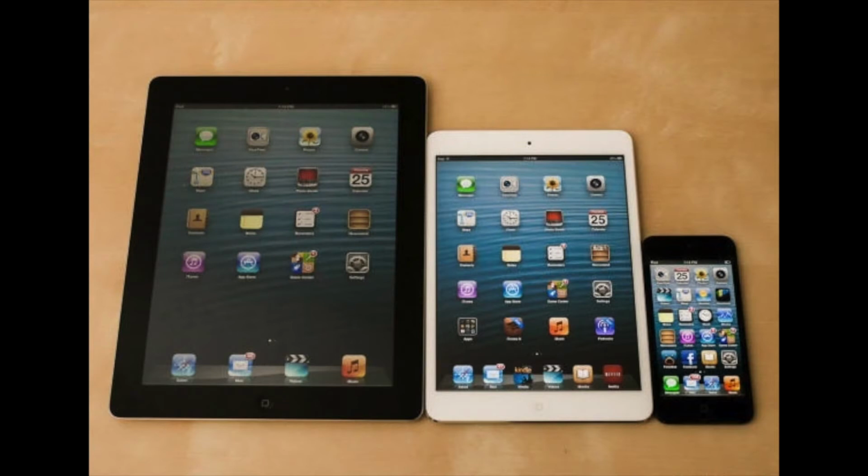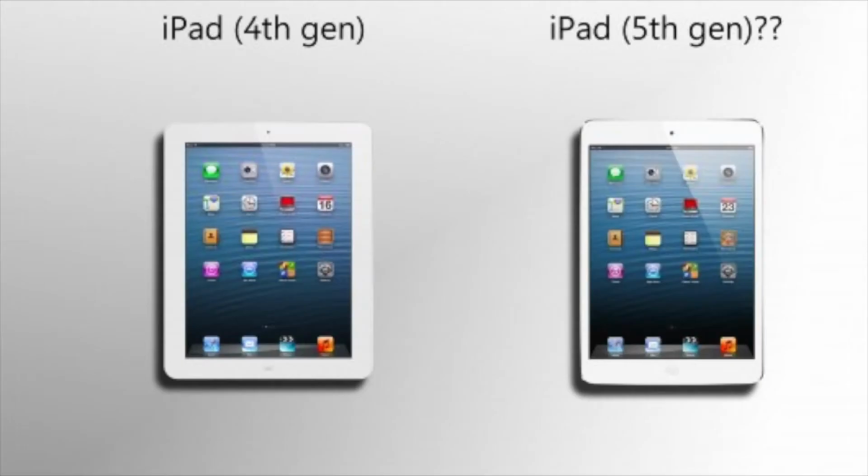Now, talking about the design, it's going to be like the iPad mini, so the iPad 5 will have an iPad mini-ish design, meaning that it will be slightly shorter and narrower than the iPad 2, 3, and 4.